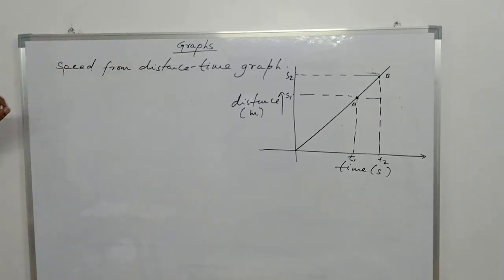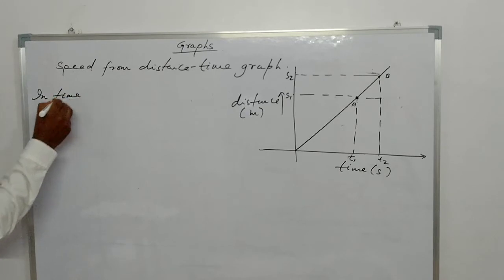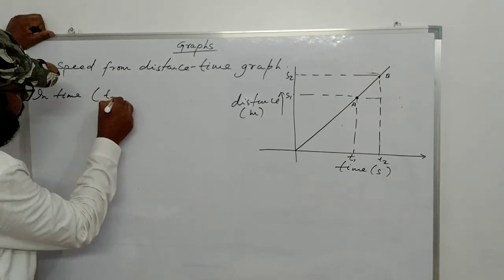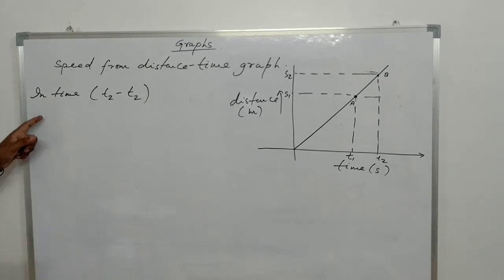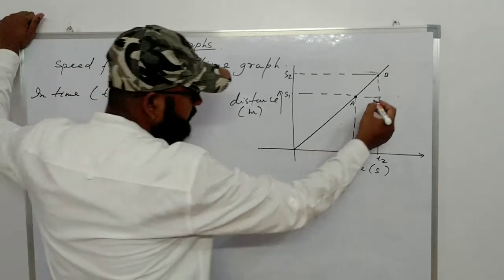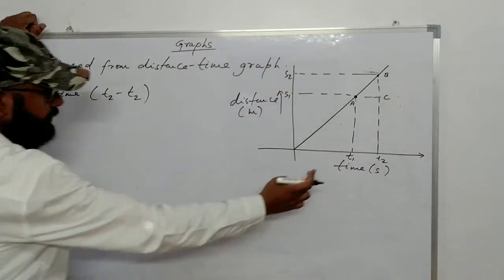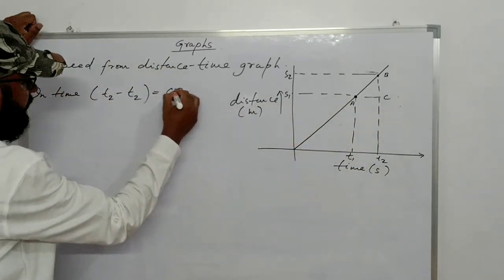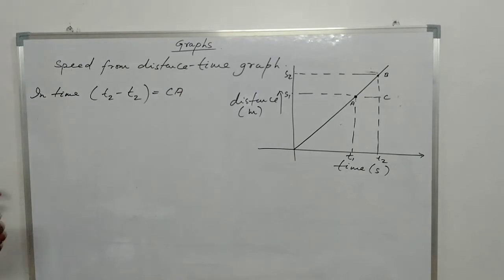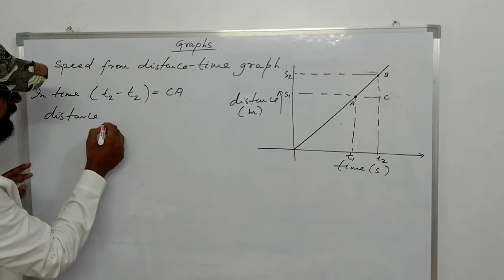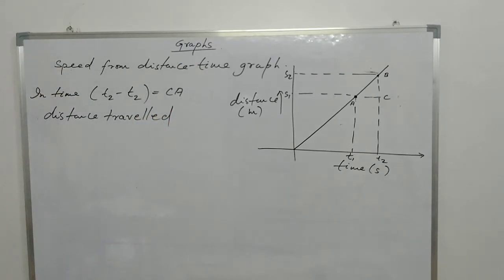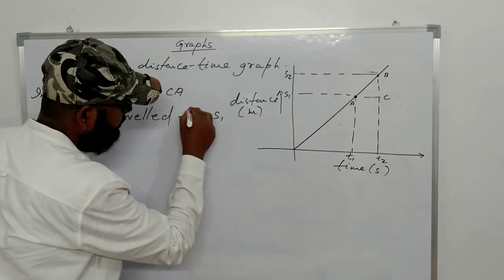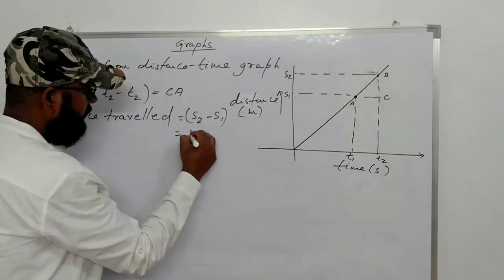So in time t2 minus t1, suppose this is the point C, t2 minus t1 is equal to CA. Distance travelled, that is equal to s2 minus s1, and s2 minus s1 is equal to BC.